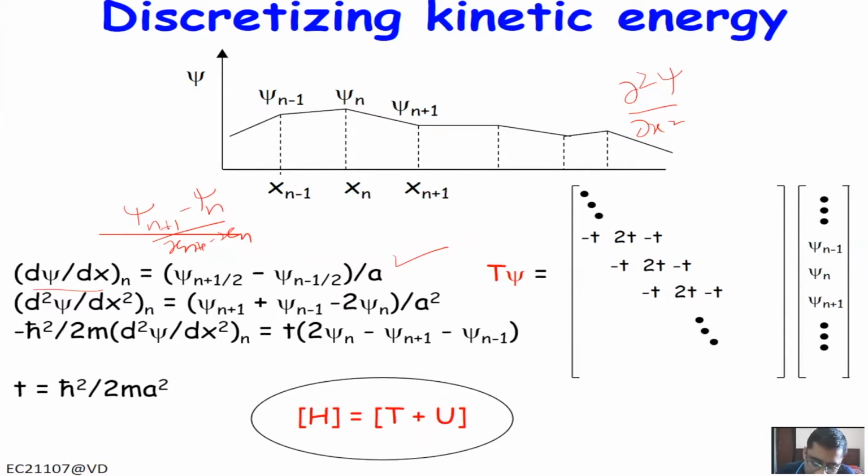So you can write psi n minus 1 also, or you can write psi n plus 1 minus psi n minus 1 divided by x n plus 1 minus x n minus 1. Or you can take a half point also: psi n plus half minus psi n minus half divided by, let's say, this is uniform and is a. So x are uniformly spaced.